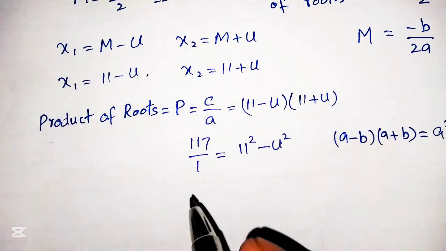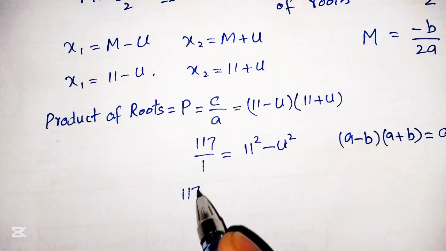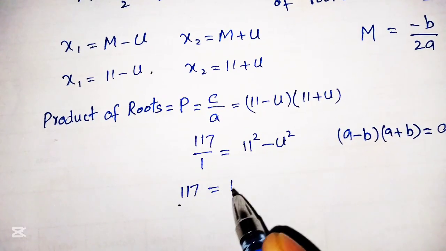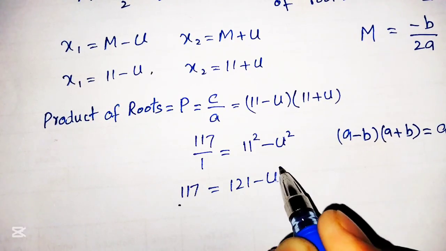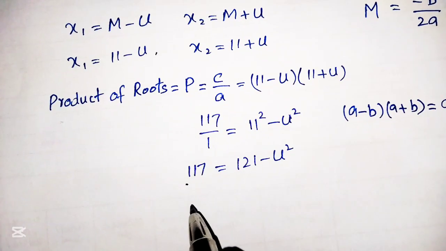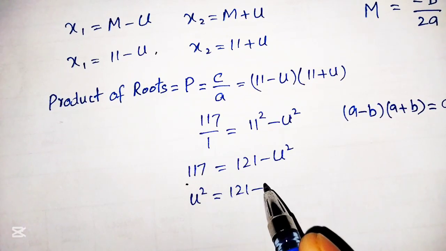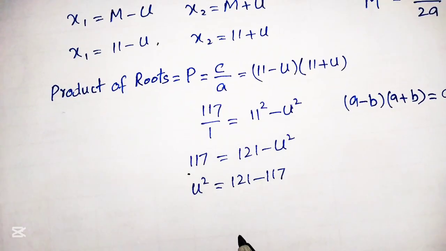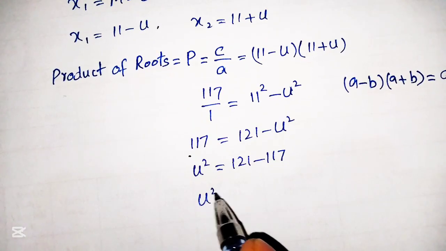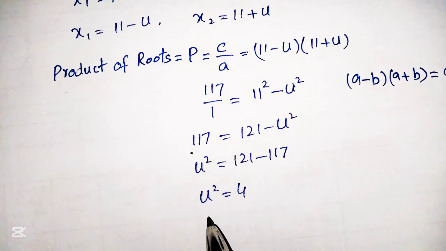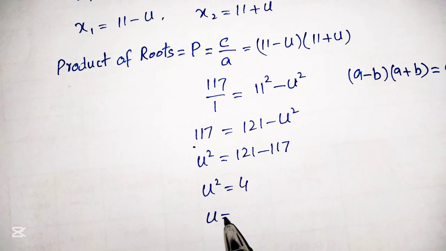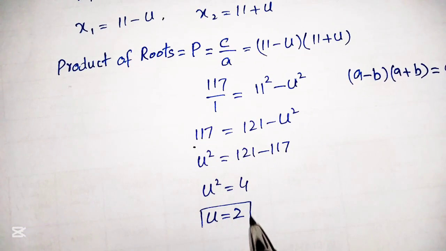Now simplifying this, we will get 117 is equal to 121 minus u squared, or from this we can also write u squared is equal to 121 minus 117, which is u squared is equal to 4, and from this we find the value of u very easily, which is equal to 2.